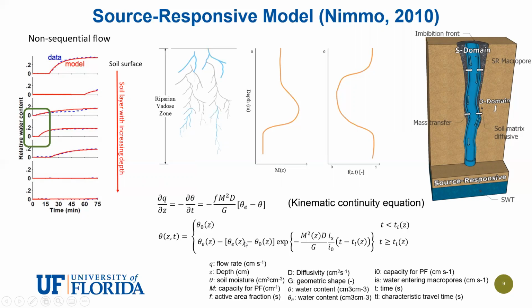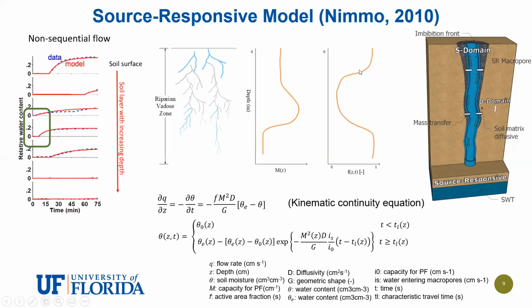allows us to determine soil water content as a function of depth and time, in which the calibration requirements are reduced to only 2 parameters: the capacity for preferential flow, M, and the characteristic travel time, TL. M represents the macropore internal facial area per unit volume that can support a flowing water film. The middle diagram shows an example of the capacity for macropore flow with depth obtained from a random macropore network.